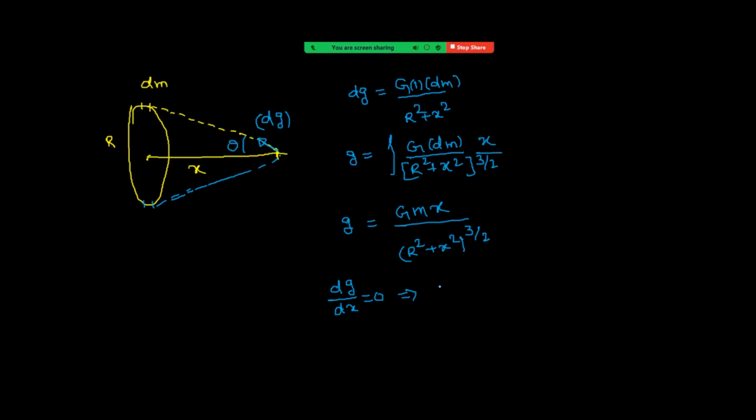Then we get x equal to r by root 2, or you can say plus or minus, because we get one point to the right of this and one more on the left. And how much? It is r by root 2.